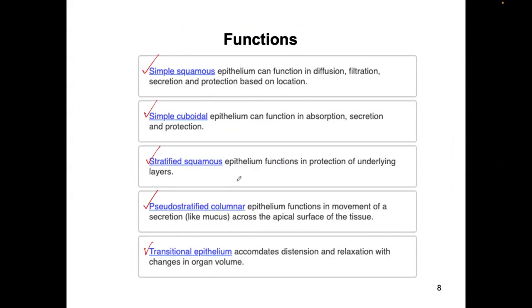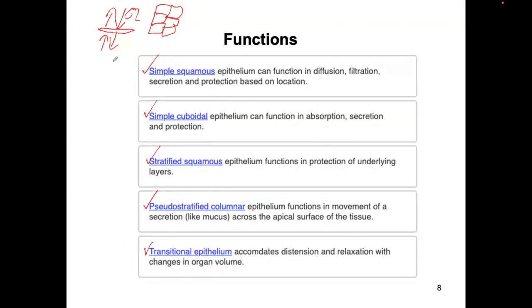Now, I want you to understand that if something is simple, let's say it's one cell layer thick, it's easier for things to pass through that one layer compared to if it's multiple layers, right? If it's multiple layers, maybe it's for protection, but if it's one cell layer, things can diffuse or pass through in both directions.